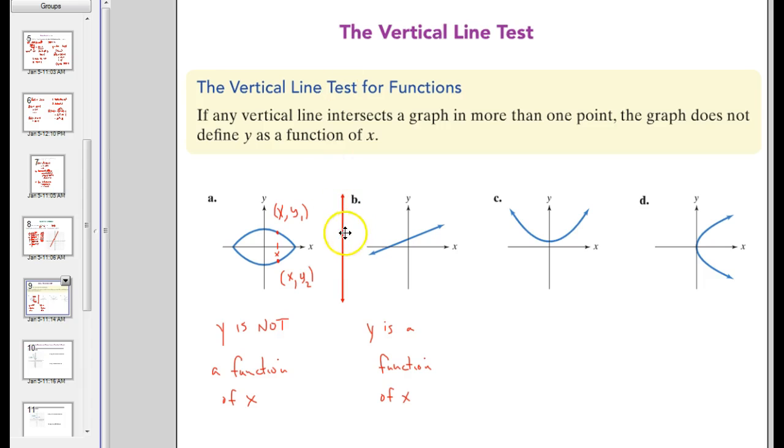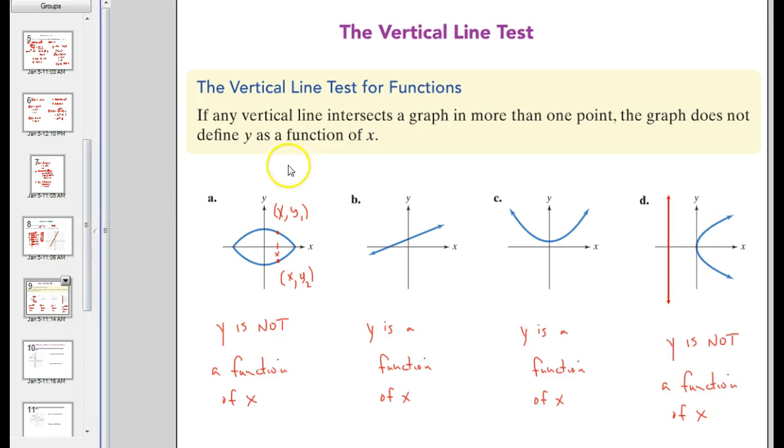Now go to the other two just to verify. If I pan left to right, I'll never hit the graph more than once. So that is a function. And on this very last one, you can see as soon as we get past the y-axis on the right side, we hit more than once everywhere. So that's not a function.